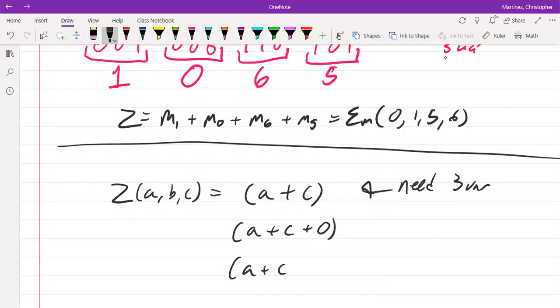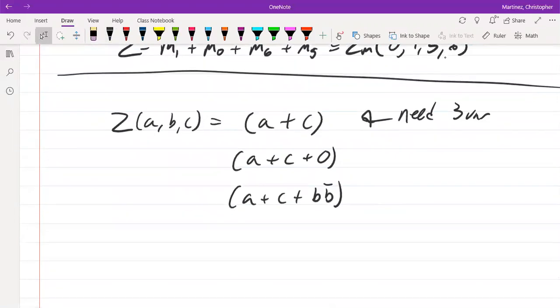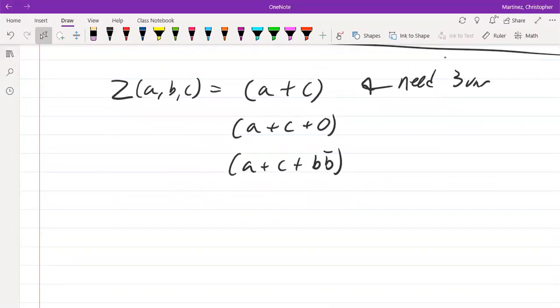So how can I get 0 in terms of B? Well, B ended with a B bar can get you a 0. Okay, so then we have that item. So we're going to do substitution here.